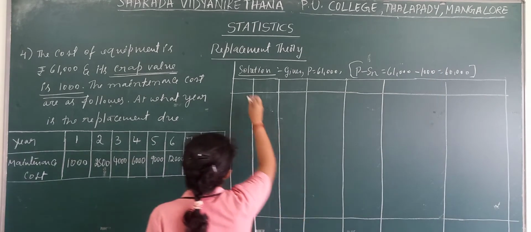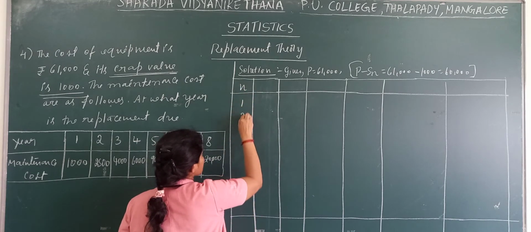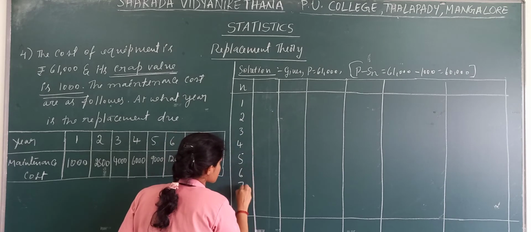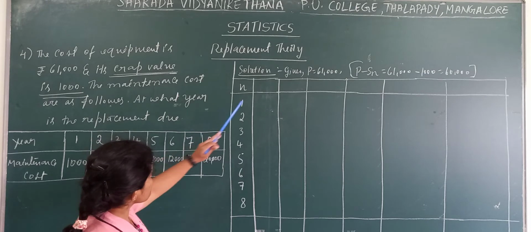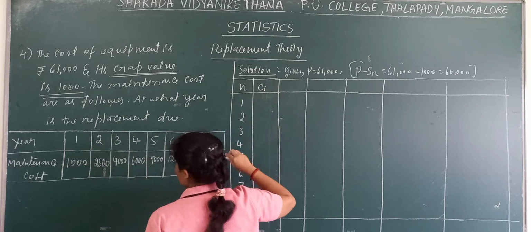Now write the years. How many years altogether? 8. So 1, 2, 3, 4, 5, 6, 7 and 8. Then next we write the maintenance cost, that is Ci.